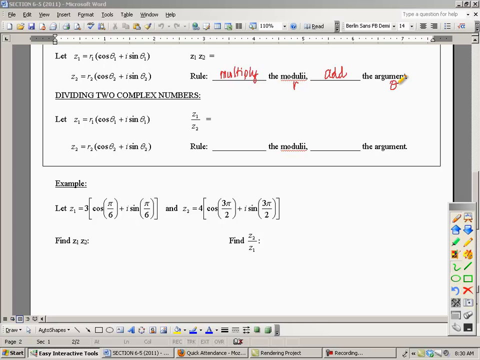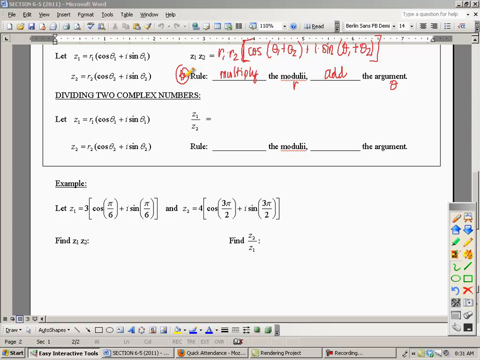So if I look at it in terms of Z1 and Z2 above, I'm basically taking R1 times R2, and then I'm going to take the cosine, and actually let me make this a bracket so you don't get confused, cosine of theta 1 plus theta 2 plus I times the sine of theta 1 plus theta 2. Okay? And again, we want you to remember the rule, and I think it's easier in word form than trying to memorize the actual formula: multiply the moduli and add the arguments.